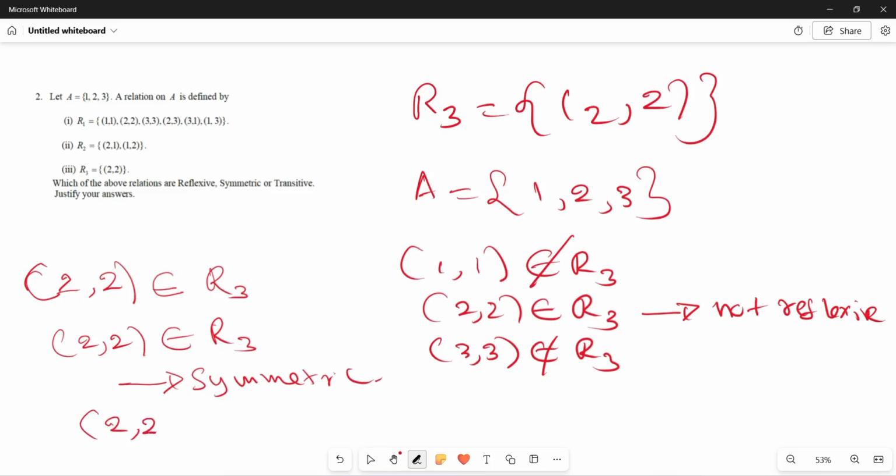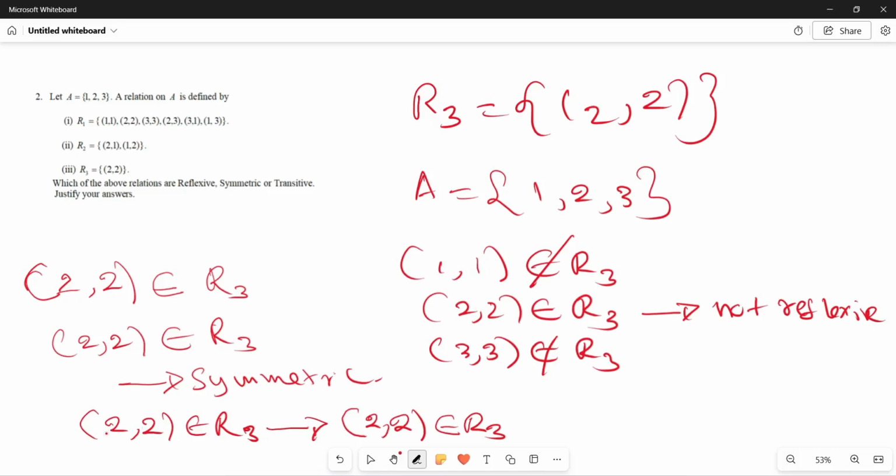Now (2, 2) belongs to R3. Since there is only one ordered pair, (2, 2), we'll take another one. The next one also ends at 2. We just assume (2, 2) belongs to R3. The reverse one is also (2, 2).